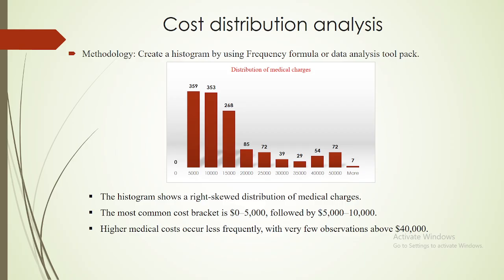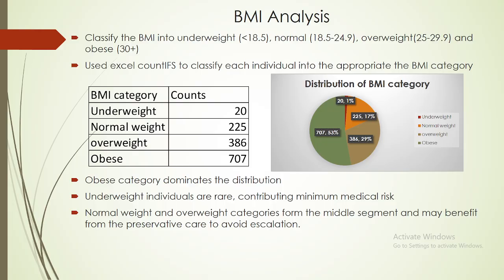And we also analyzed the BMI by looking at the distribution of BMI categories by plotting this pie chart. First, I have used the VLOOKUP formula to categorize the BMI into underweight, normal weight, overweight, and obese categories.